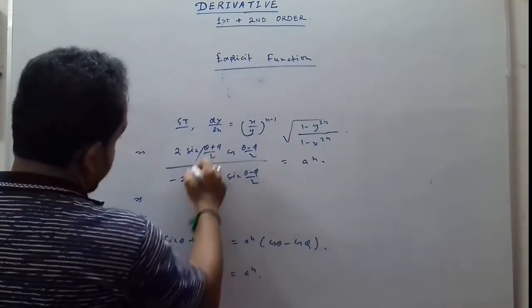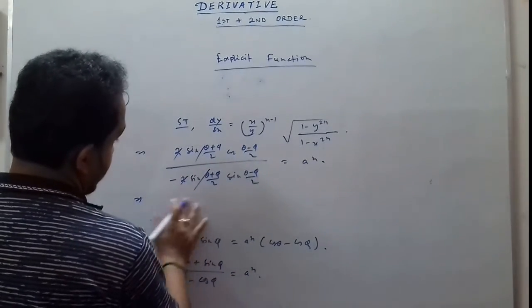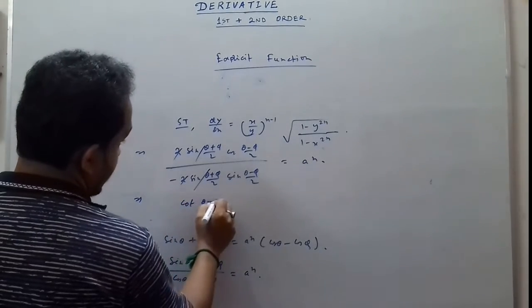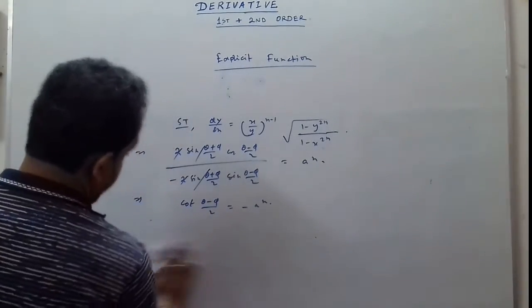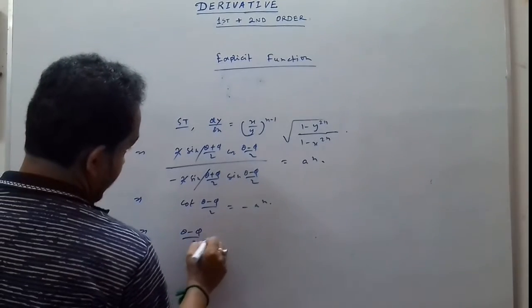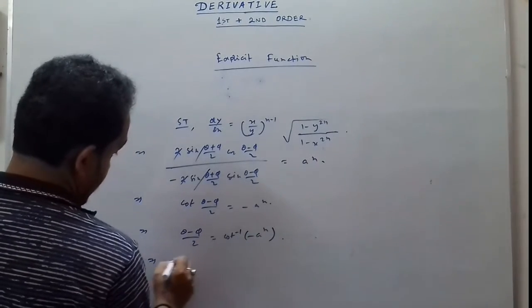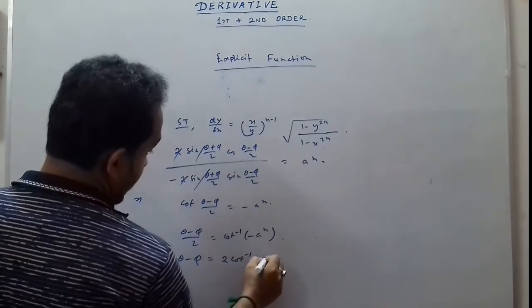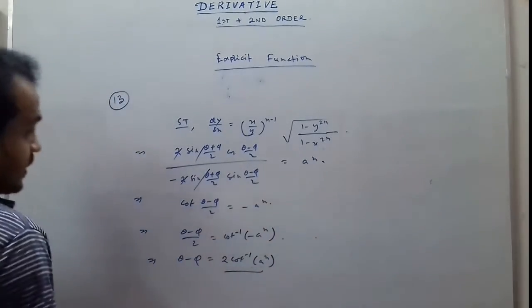Now cancelling sin and 2, we get cos by sin, minus of cos by sin, means actually cos by sin is equal to cot theta minus phi by 2 is equal to minus of a power n. And then we will get theta minus phi by 2 is equal to cot inverse of minus of a power n, that is, theta minus phi is equal to 2 cot inverse of a power n, and the right side function is a constant function.